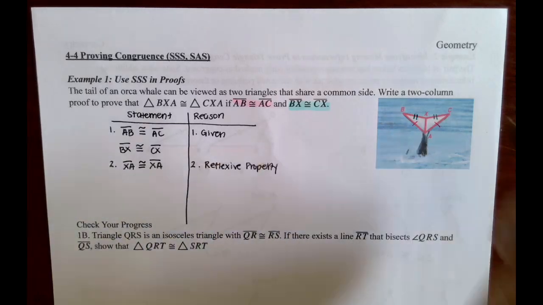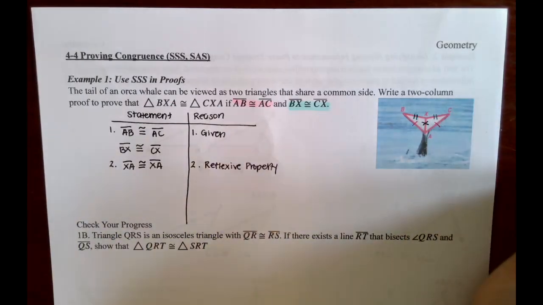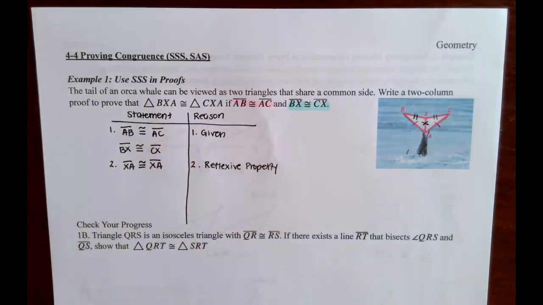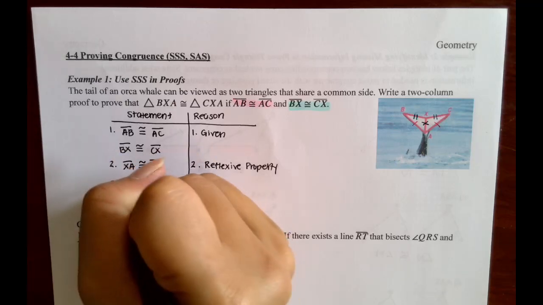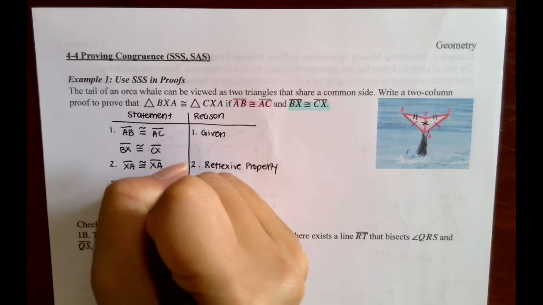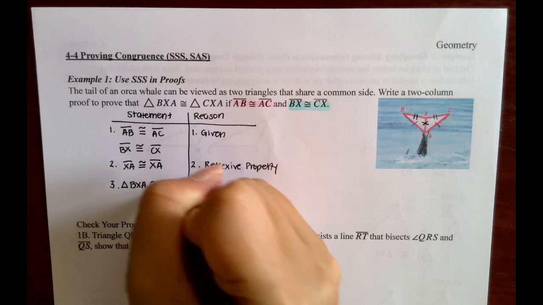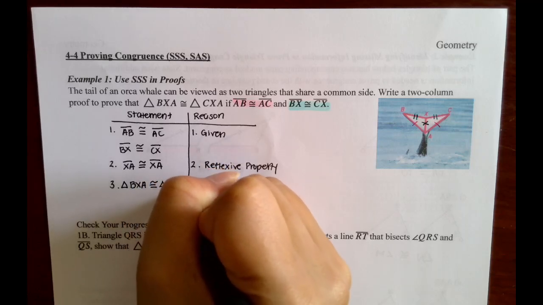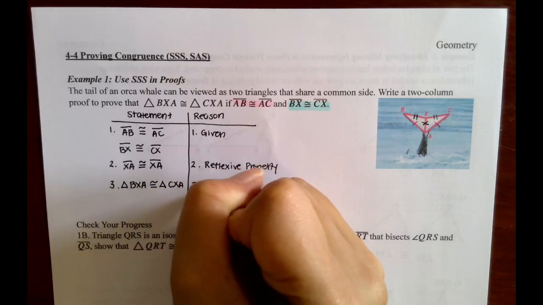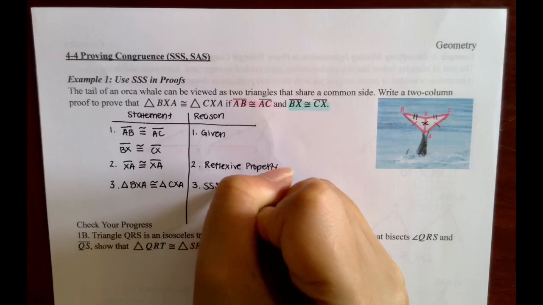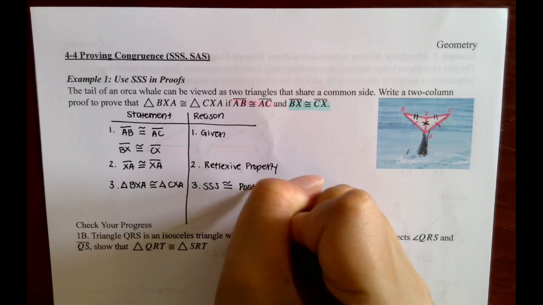Right? And so this proves my third side. Now I have side, side, side. So I can say that the triangle BXA is congruent to triangle CXA. And the reason is because of the side, side, side congruence postulate.